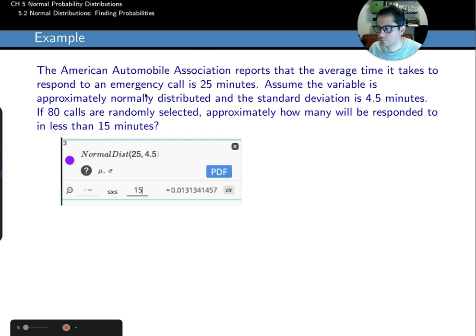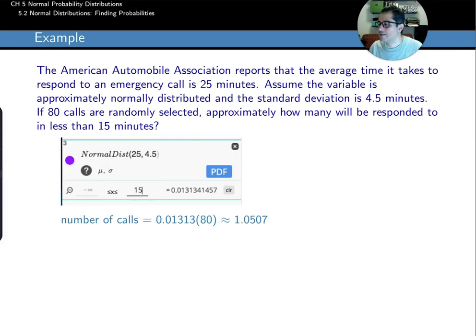Now, that wasn't the question. The question is how many of the calls will be responded to in less than 15 minutes. This is the percent of calls of the total. So if you have a sample of 80, about 1% of those 80 will be responded to in less than 15 minutes.